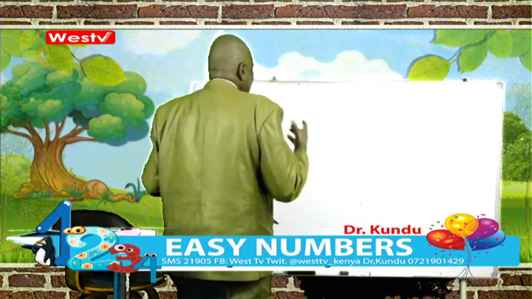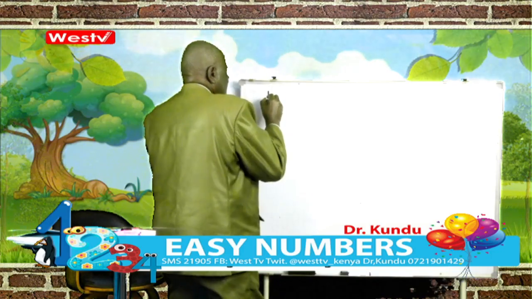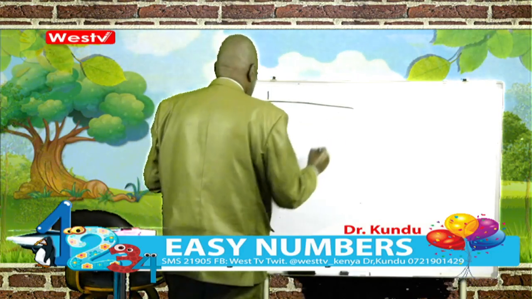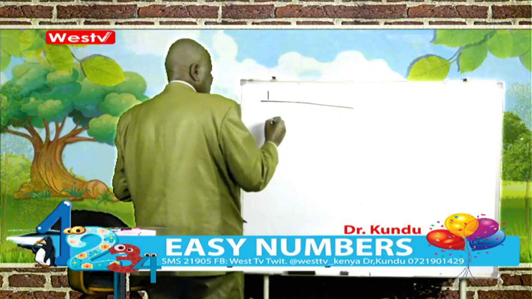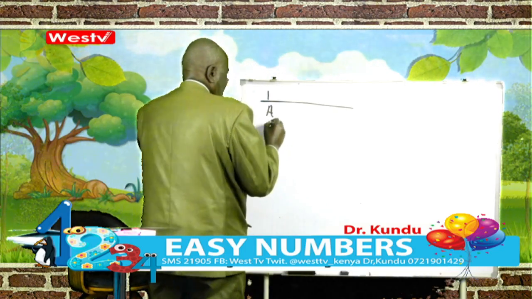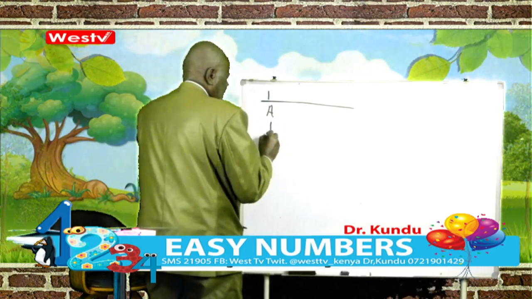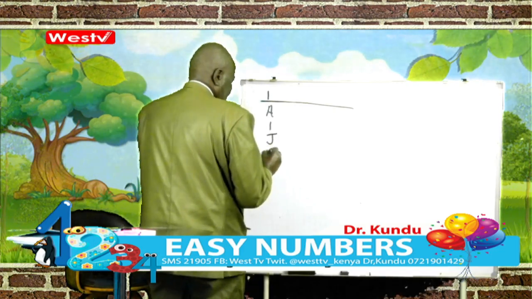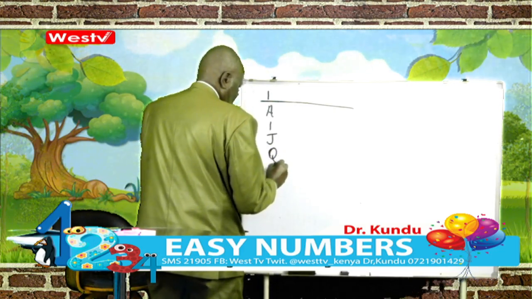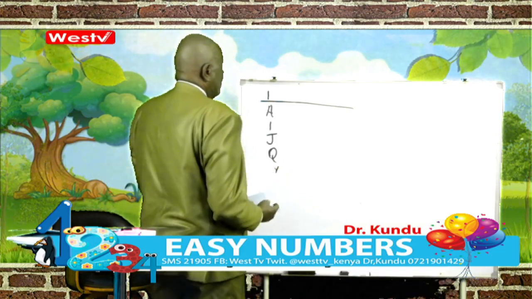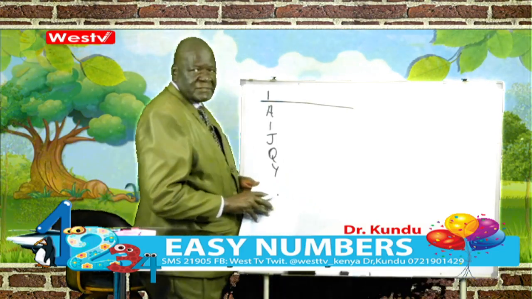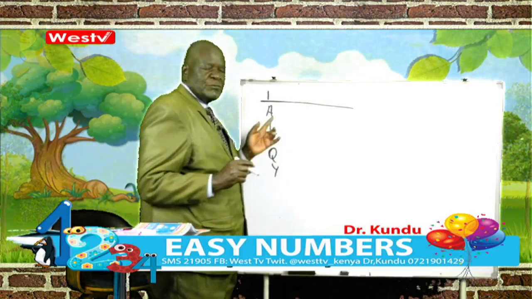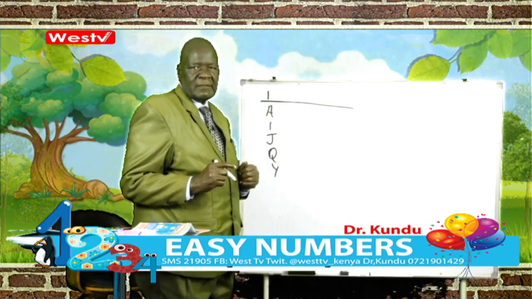If you take the number 1, this number vibrates to some letters, and the letters are A, I, J. The letters are also Q and Y. So the ancient Chaldeans studied these letters to vibrate to the numeral 1.